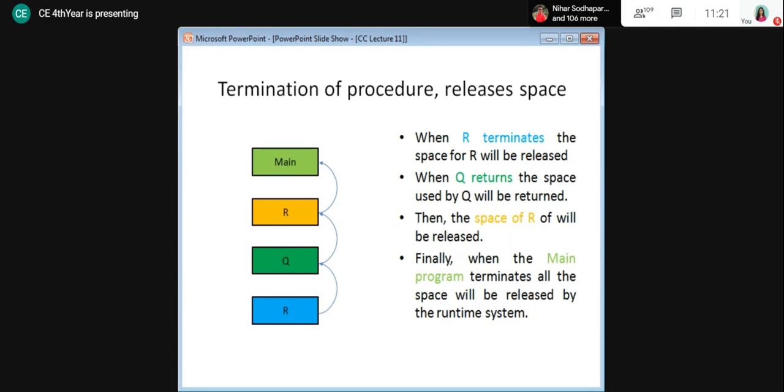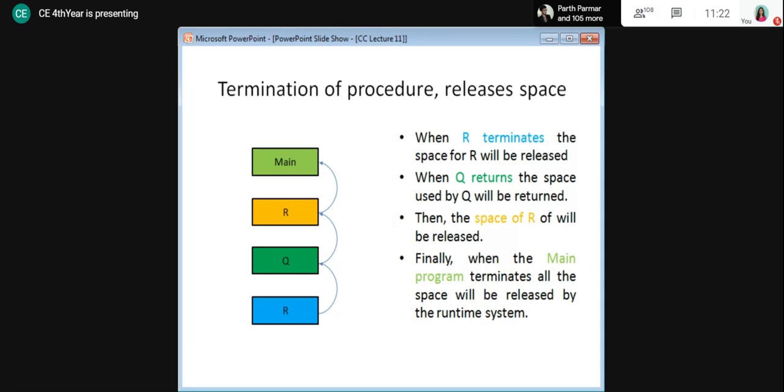Now, when the procedure terminates, what happens? When R terminates, the space for R will be released. So this is the second call of R we are talking about. Then when it returns, the control goes to Q. Now when Q returns, this space, marked in green, this is just symbolic, will get released. Then the first instance of R, which is denoted by orange, that space will get released.